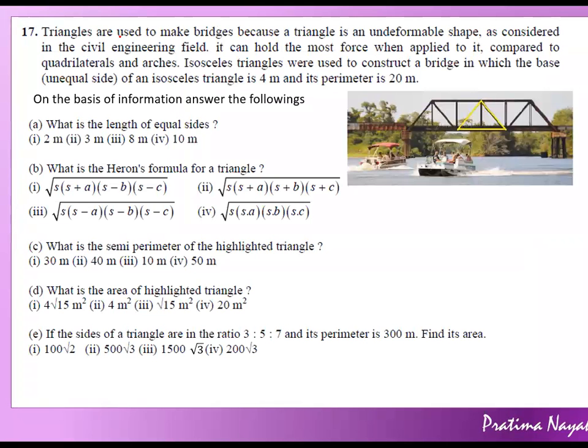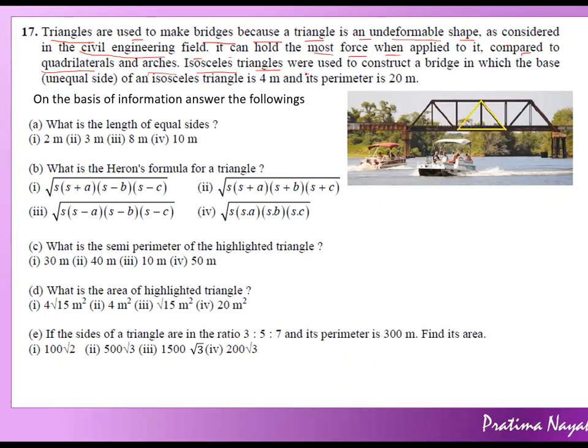So question number 17, generally questions 17, 18, 19, 20. Triangles are used to make bridges because a triangle is an undeformable shape, as considered in the civil engineering field. It can hold the most force when applied to it, compared to quadrilaterals and arches.